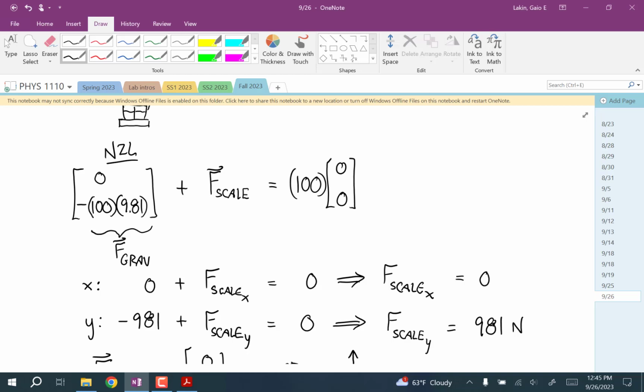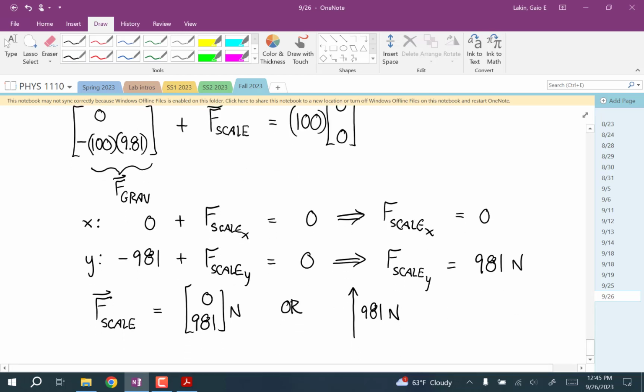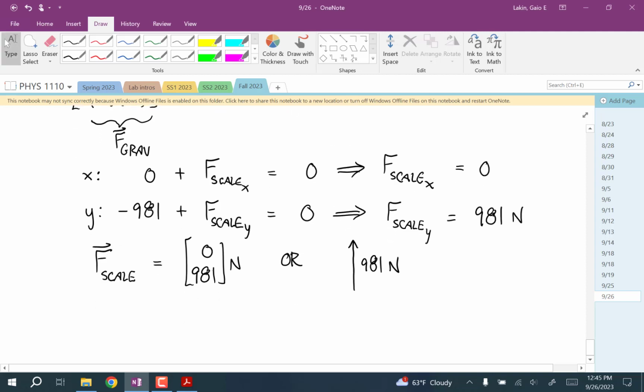And the second thing it's assuming is that you're not touching anything else. So if you want to lose weight quickly, you can hold on to the towel rack or whatever. But then the assumption that the scale is the only thing supporting your weight is wrong, you know? And so, anyways, that's how it works.